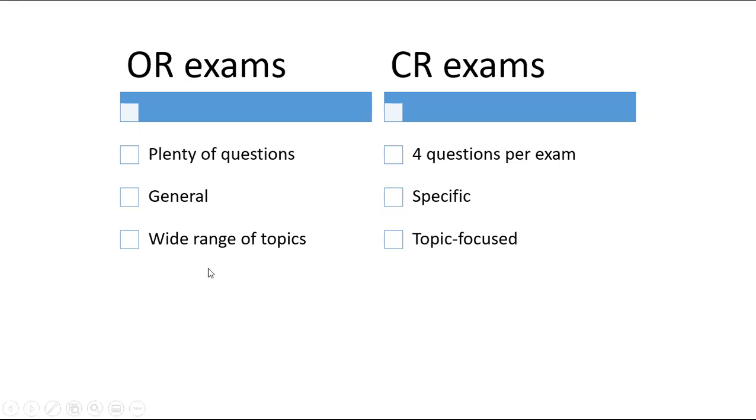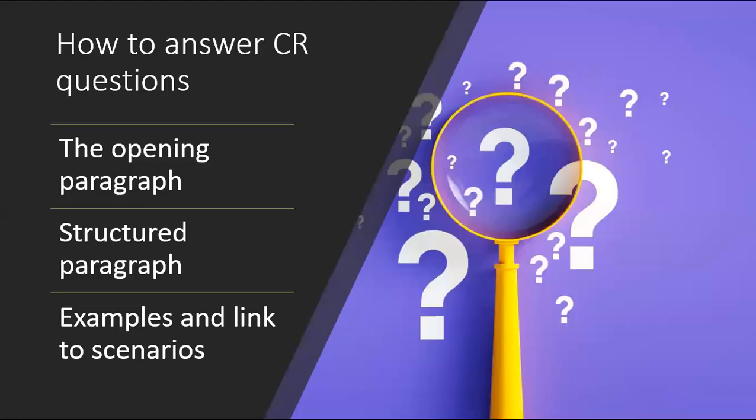So with such types of questions, how should we answer them? As I indicate here, to answer a CIPS question, you should have a structured way. First, we don't approach the problem directly, but we should have an opening and introduce the problem.